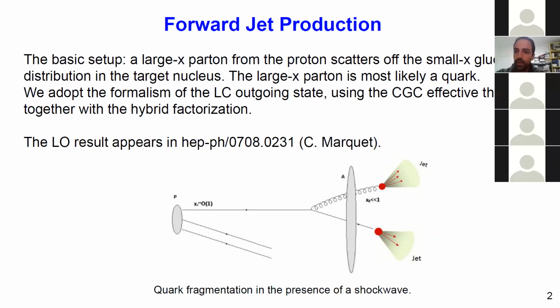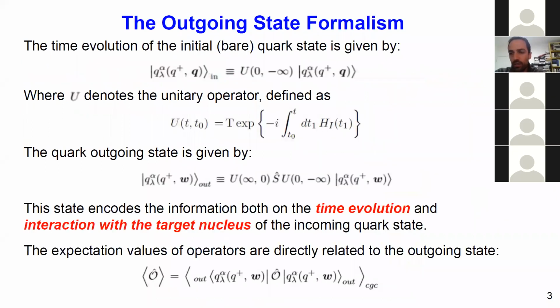So now let me describe the formalism that we are working with. This is known as the outgoing state formalism, which means that we are interested in finding a state which encodes all the information about the process, both the time evolution and the interaction between the projectile and the target.